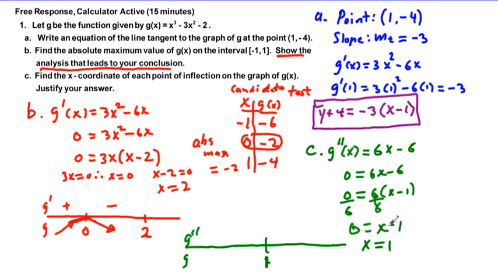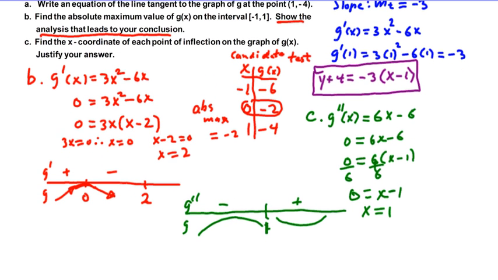There we go. And if we take a number less than 1, say 0, well, we're going to have negative, or concave down, right? And then greater than 1, say 2, we have 2 minus 1, we have positive. And so we would go ahead and state it this way, justify your answer.